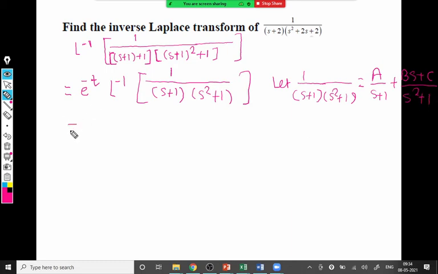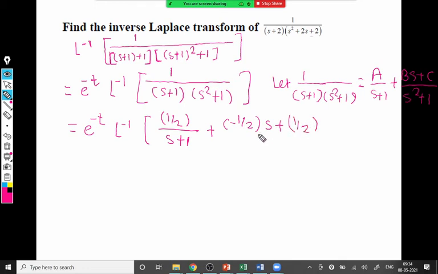I will write it here directly. e raised to minus t, L inverse of that is 1 by 2 upon s plus 1 plus minus 1 by 2 s plus 1 by 2 upon s square plus 1.